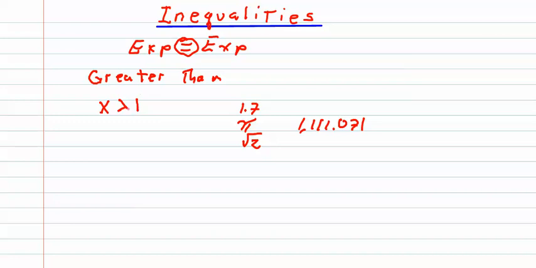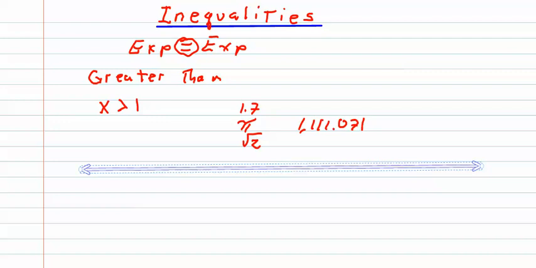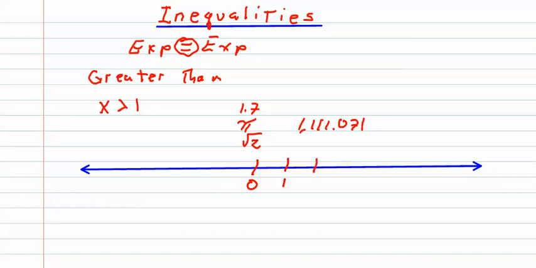Algebraically, we represent it with this notation. Graphically, we represent it like this. So we have 0, 1, 2. You don't really need to put too many numbers down. -1. X is larger than 1.